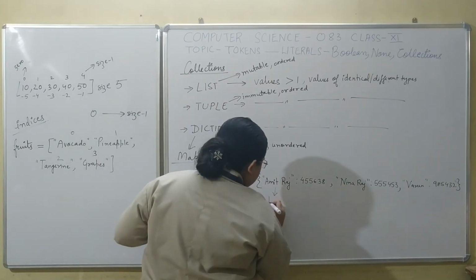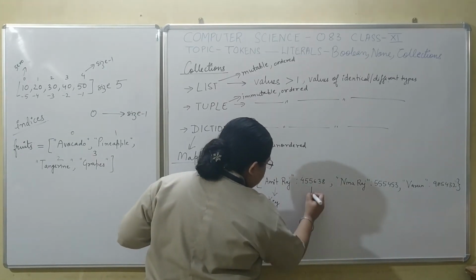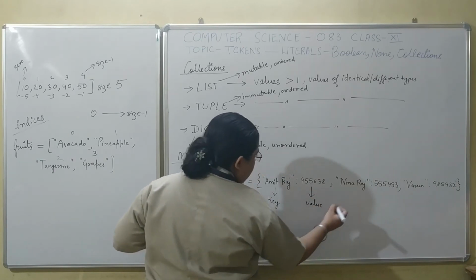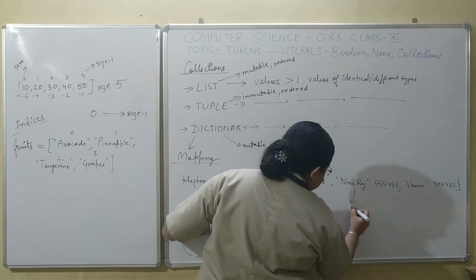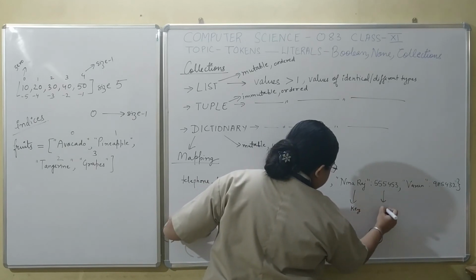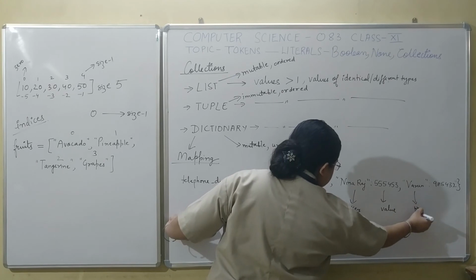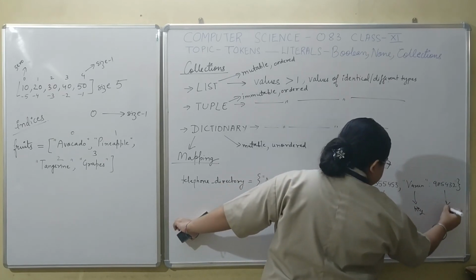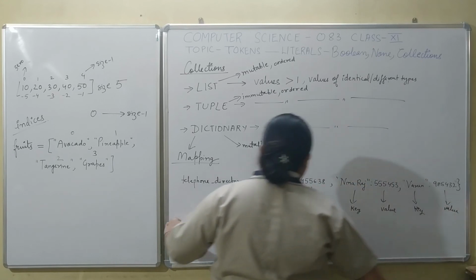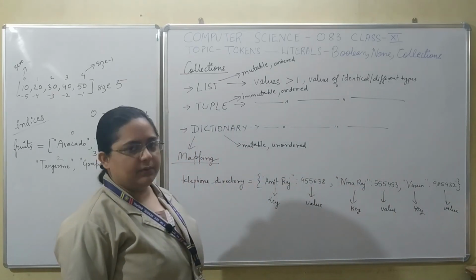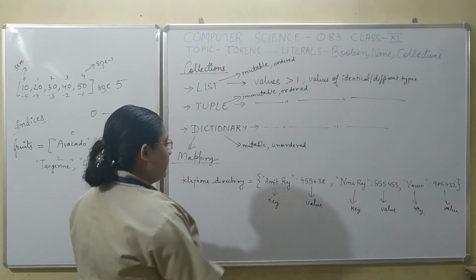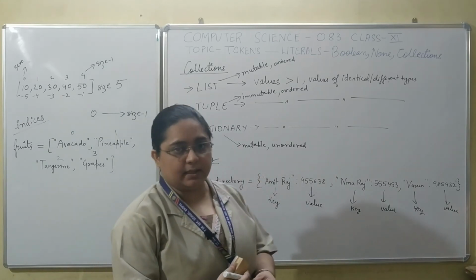So this Amit Raj is your key and this number is your value. So we have key value pairs. This is key and this is value. And remember, they are enclosed within a pair of curly braces, and here we don't have any indexing.